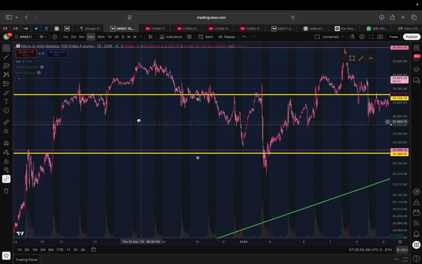So I am thinking, how did I take this trade? Just going to try and see if I can figure something out.